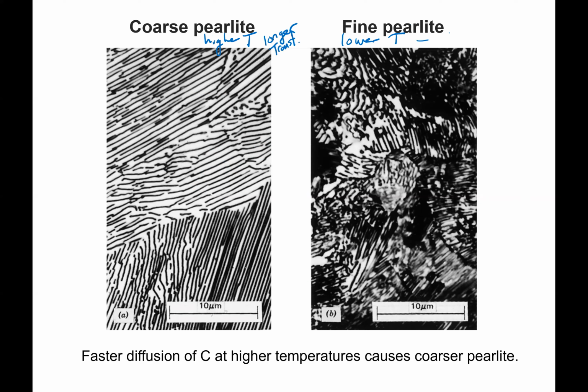The lower temperature one is a very short time scale transformation. And the net result is I still have pearlite in both structures, but the longer transformation, since it has more time for diffusion to occur, I end up with a more coarse structure, larger spacing between my sheets of cementite.